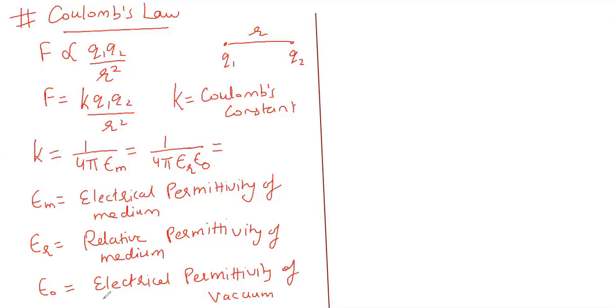So for air also we will take this epsilon naught, and this epsilon r is sometimes also written as capital K. Now remember, you are not to be confused between this small k and capital K. It is also called the dielectric constant.